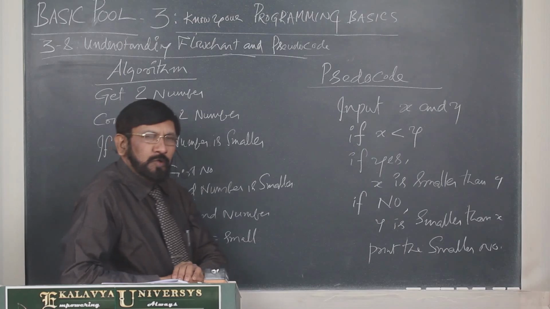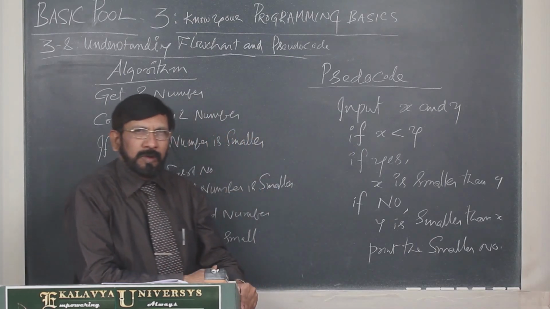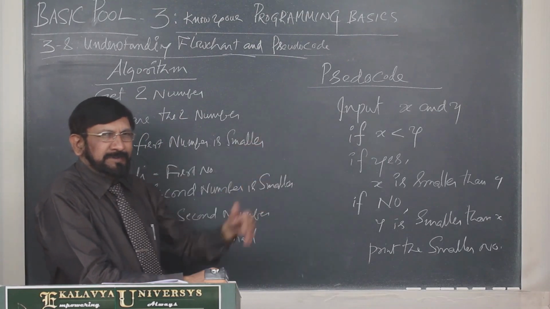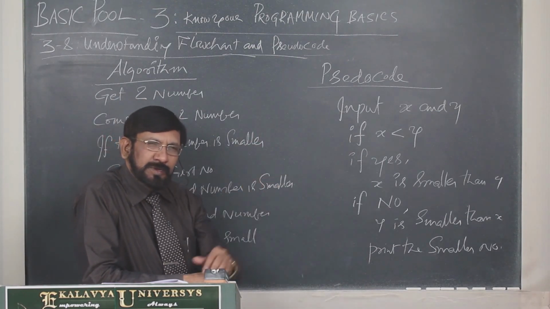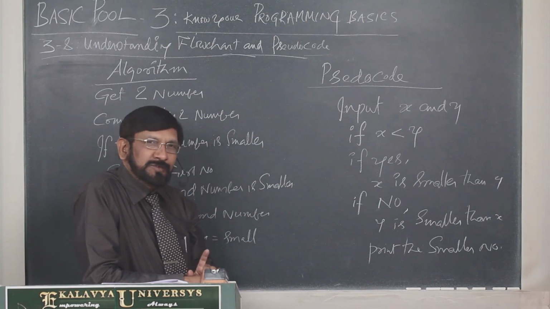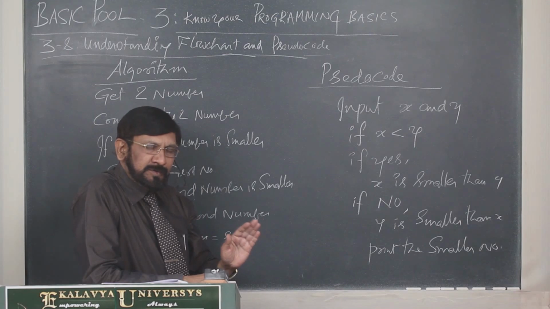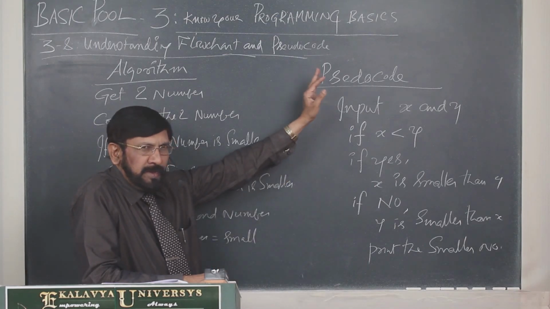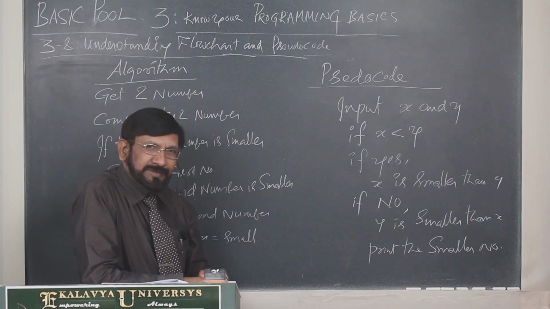Pseudocode is slightly different from that. In pseudocode, we write statements by using similar words which we use in a program. Similar words, but we never use any code. We write well-defined steps in the English language.